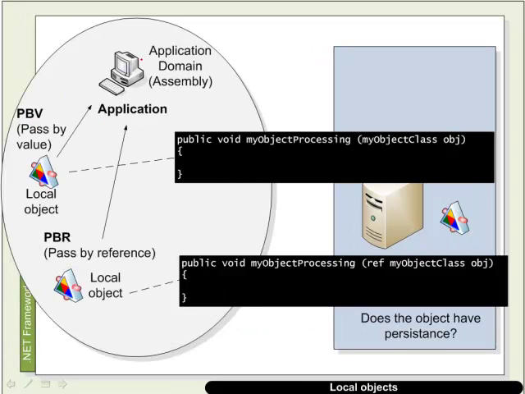Inside our local assembly, we typically pass an object by value, or we pass by reference. Passing by reference allows us to modify any of the objects that we have.